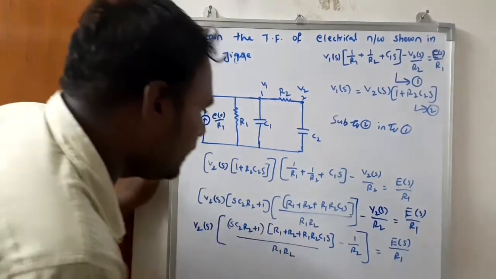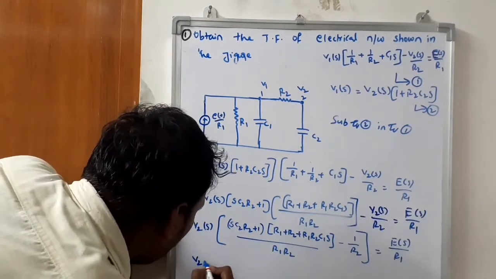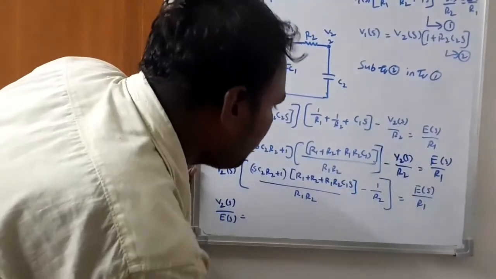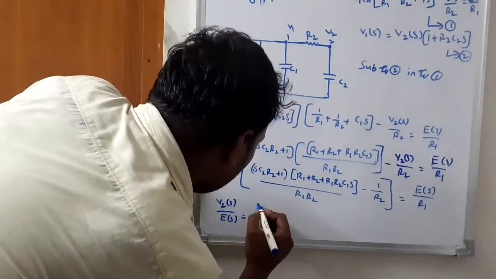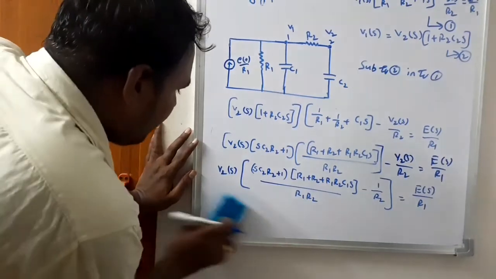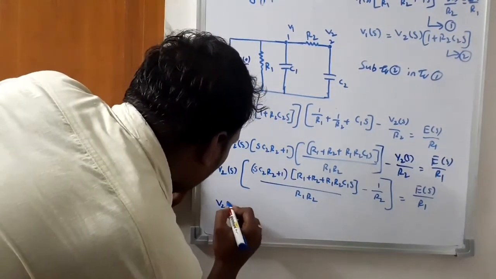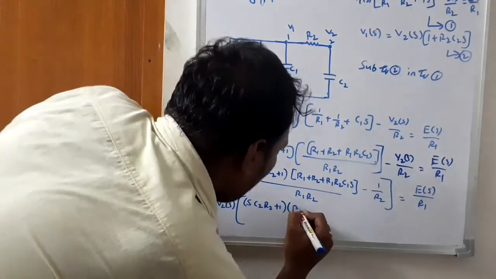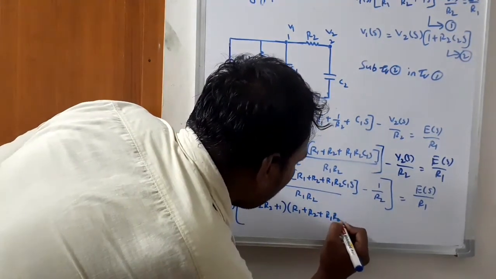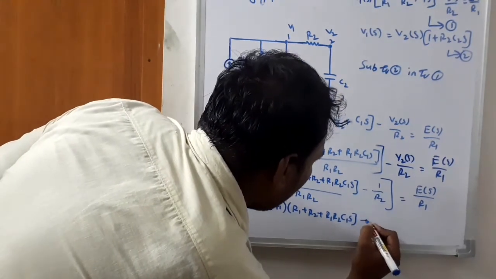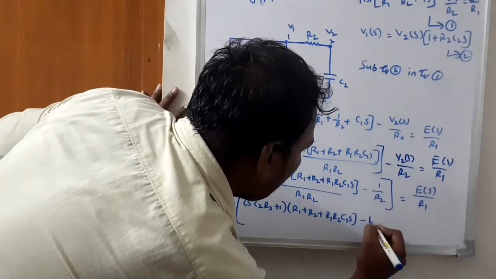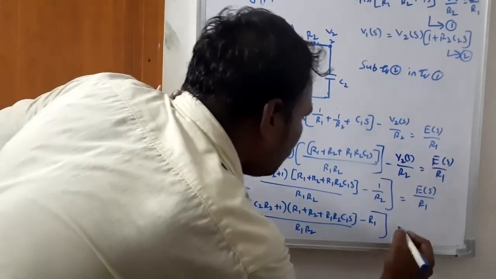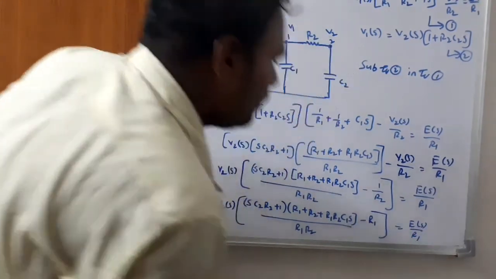So V2(s) into (sC2R2 + 1) into (R1 + R2 + R1R2C1s) minus R1, whole divided by R1R2, is equal to E(s)/R1.